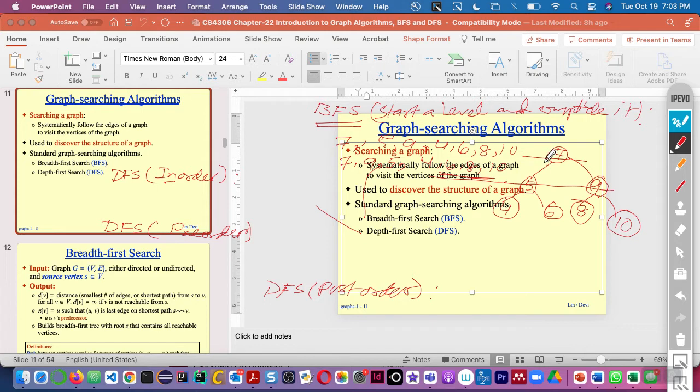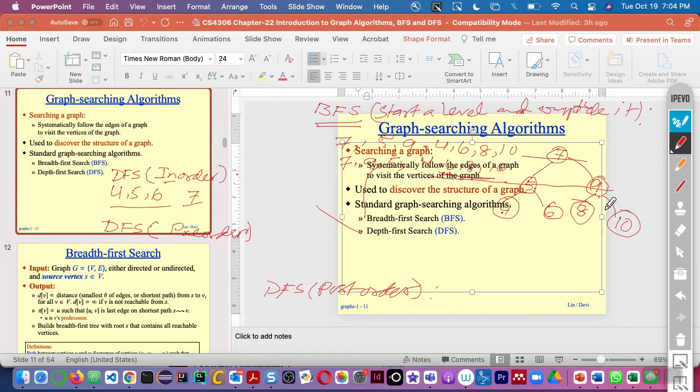So 7, we'll skip 7, then go to 5, we'll skip 5, then say 4, right? 4, 5, 6, this is an easy one. 4, 5, 6, and then 7. Then here, tell me please, which order will come from the right subtree?